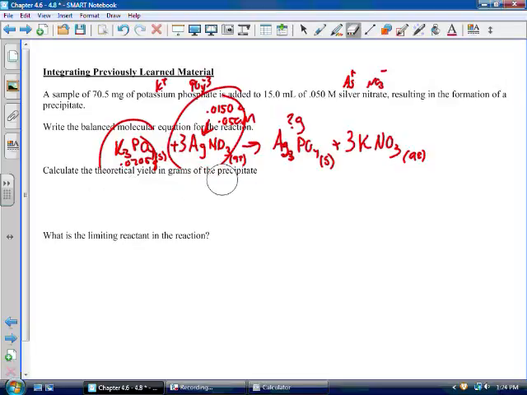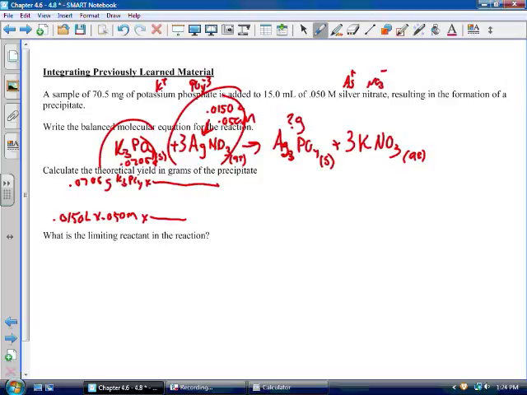We're going to take first our 0.0705 grams of K3PO4, treat that as one problem, and find silver phosphate. And we're also going to take our 0.0150 liters of 0.050 molar and treat that as a starting point. So for the first one, we have to go from grams given to grams wanted.